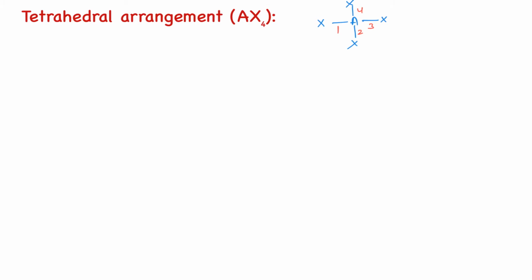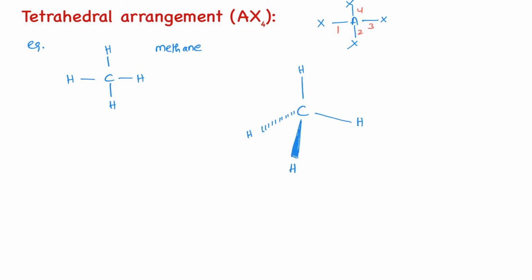An example of such molecule is CH4, methane. These electron pairs push each other as far apart as possible in the three-dimensional space, giving the molecule a tetrahedral geometry. The bond angle for a tetrahedral geometry is 109.5 degrees.